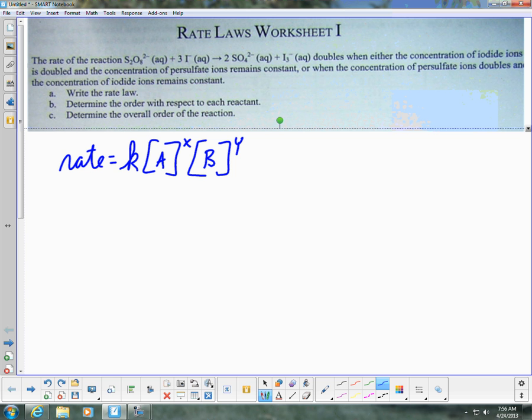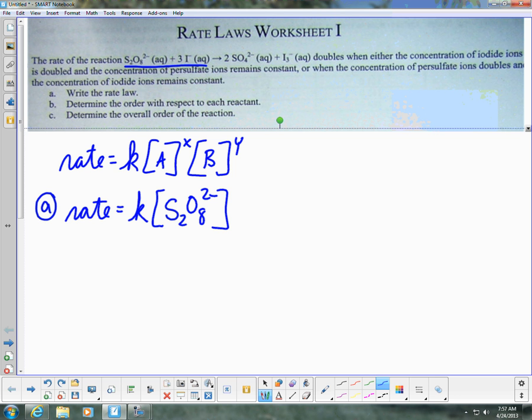That's what we're going to do in number 1 here: predict what the rate law would be. Looking at this, all you worry about is the reactants. So for A, we write the rate law: rate is equal to some constant times the concentration of S2O8 2-, to the coefficient of what is there, which is 1.